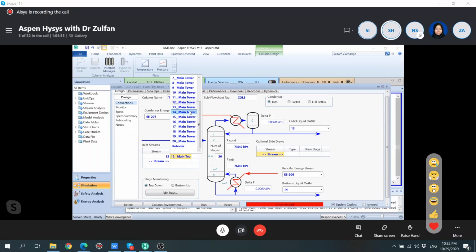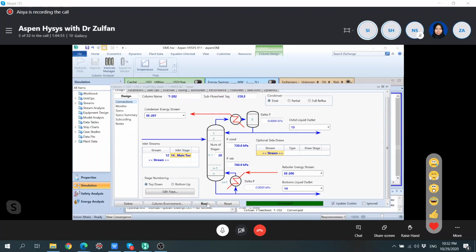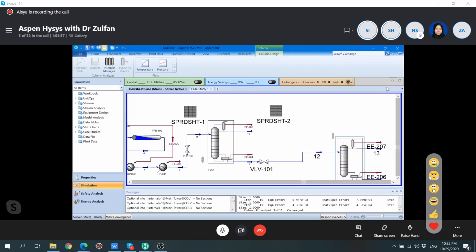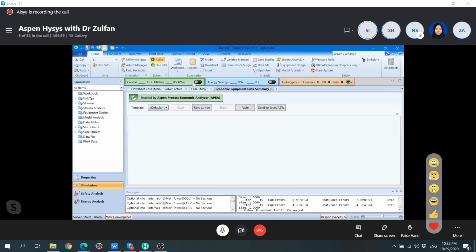Stage number 14. Then close, and run that again. It takes some time.